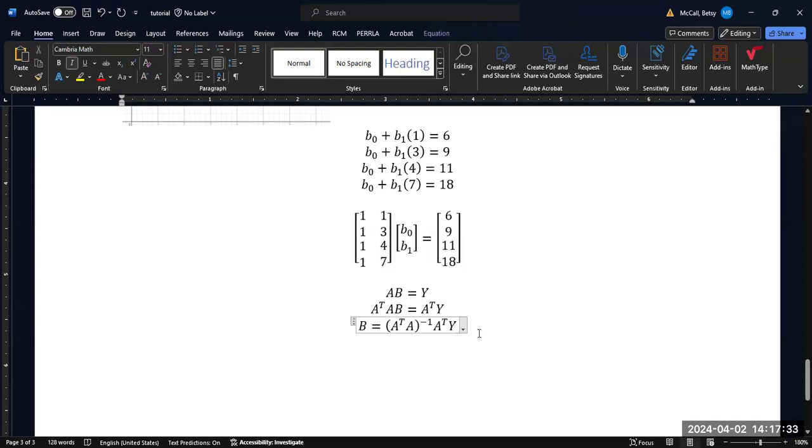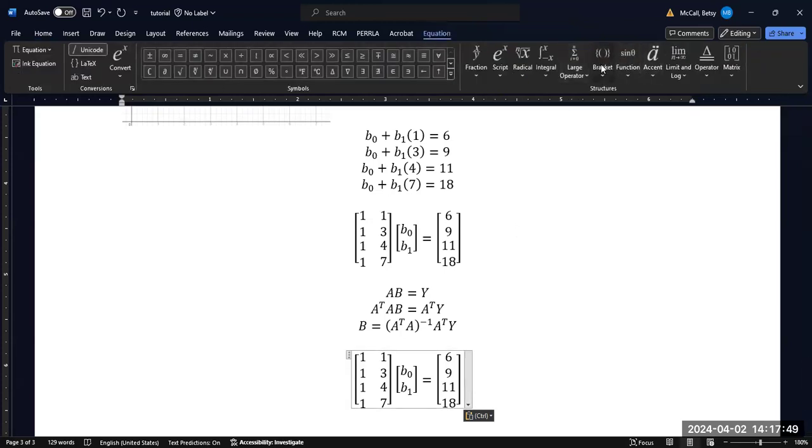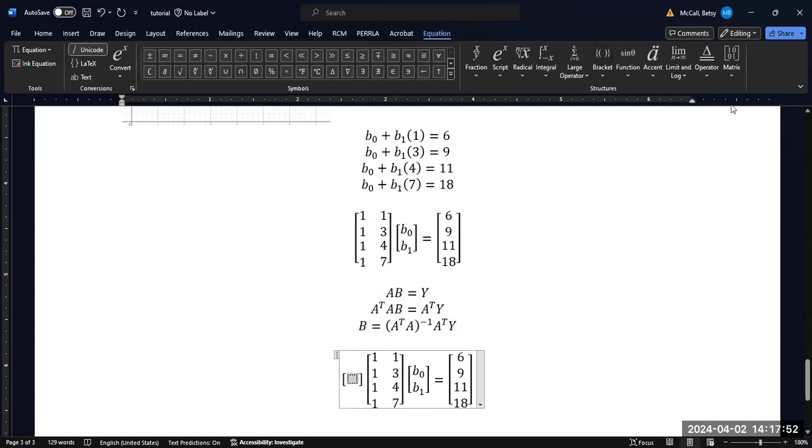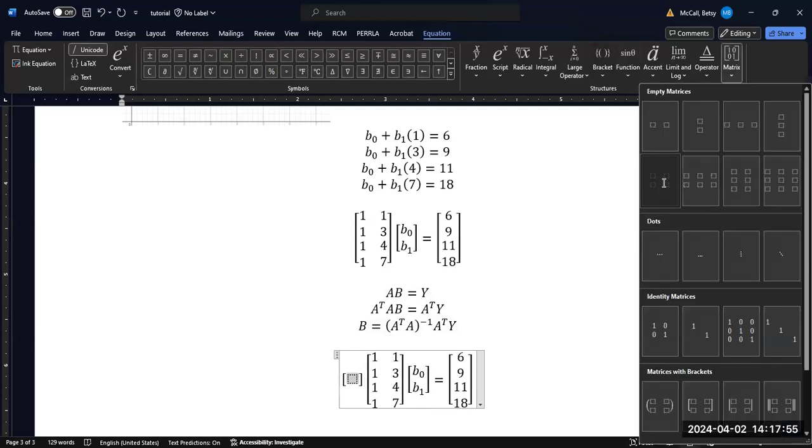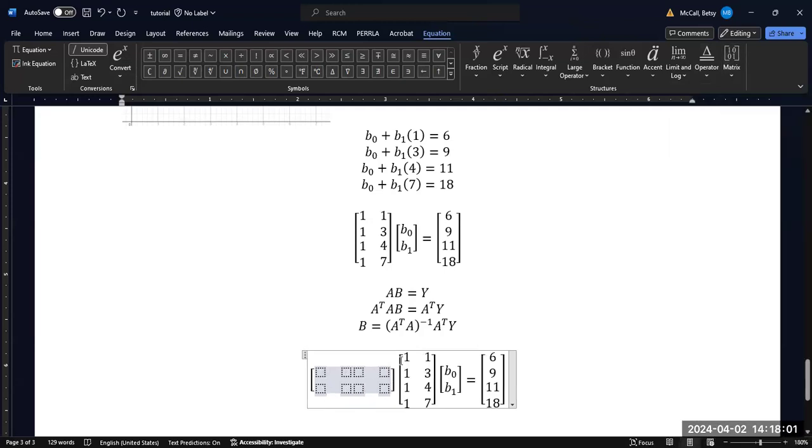Now, for this particular problem, what we're going to have to do is multiply on both sides of this matrix by A transpose. So let us find a bracket, and our rows are going to become columns, and our columns are going to become rows.